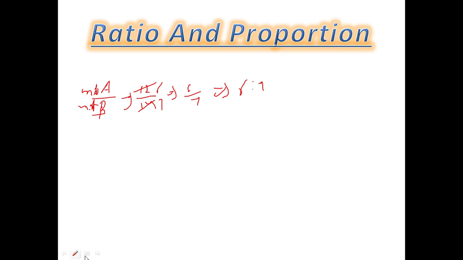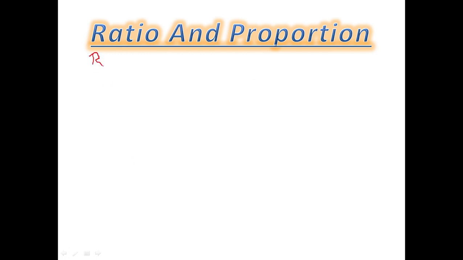So why do we use ratio? We use ratio for comparing two things. The ratio says how much of one thing is compared to another thing. A ratio mainly compares quantities, like how many or how many kilograms.